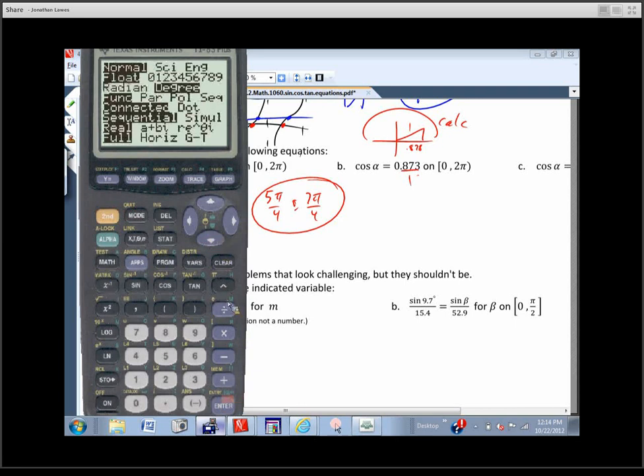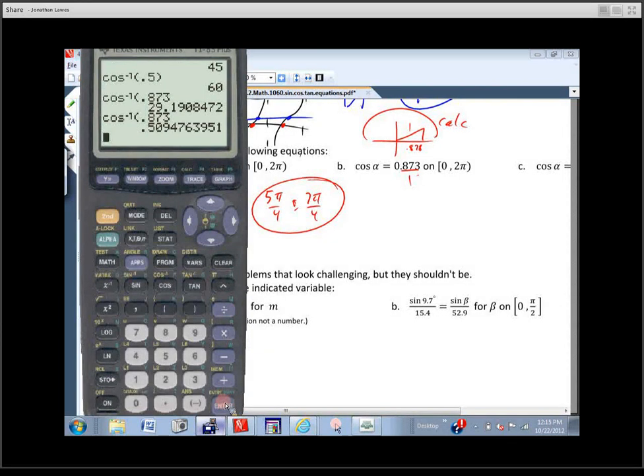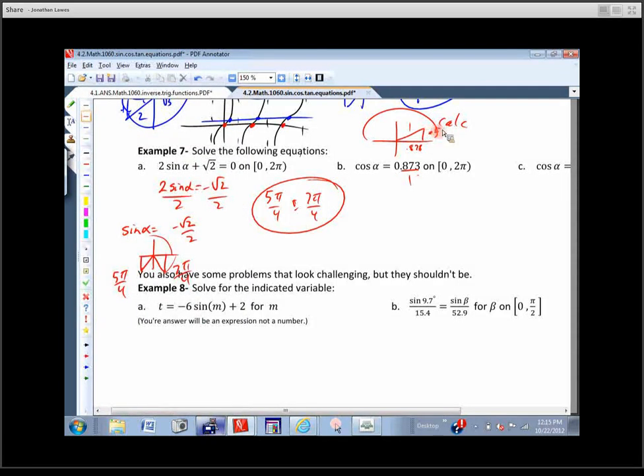I'm going to switch this to radians. We have to answer this in radians. It gave us the interval. So I'm going to hit second quit. The cool thing is I could just hit enter, or I could recall that really quickly. There's my small decimal number for the radian measure. So that means this answer right here is 0.51. Is everybody okay with that? So this is 0.51. That's my first answer.